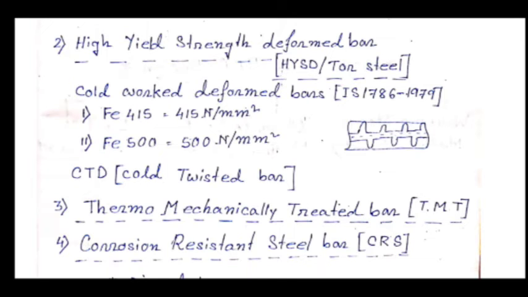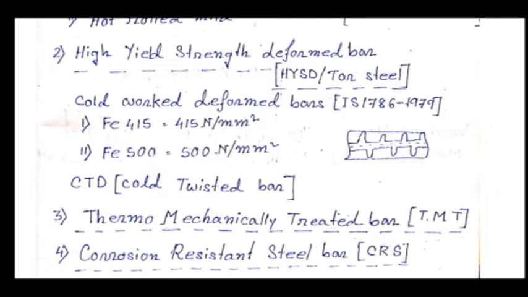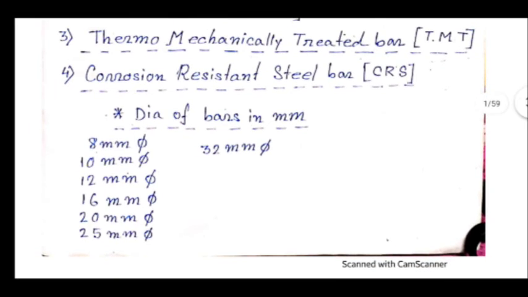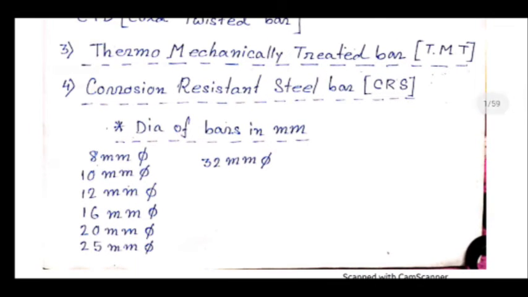So this term is, I think, very common to everyone nowadays. Another type of bar is corrosion resistant steel bar. Now bars are identified by their cross sectional diameters. The diameter of the bars, every time we should write in mm. In the market 8 mm dia bar, 10 mm dia bar, 12 mm dia, 16, 20, 25, 32 and many more dia of bars are available.